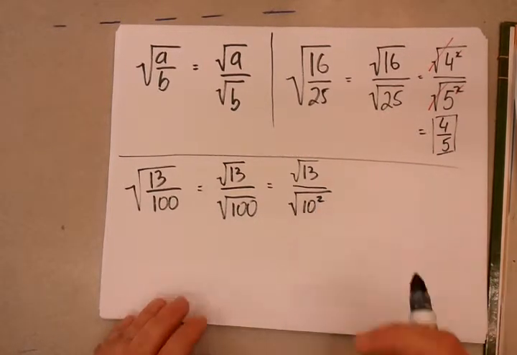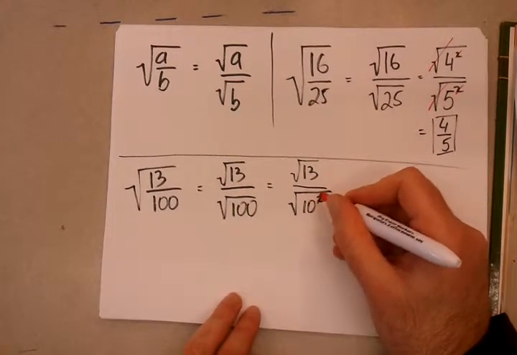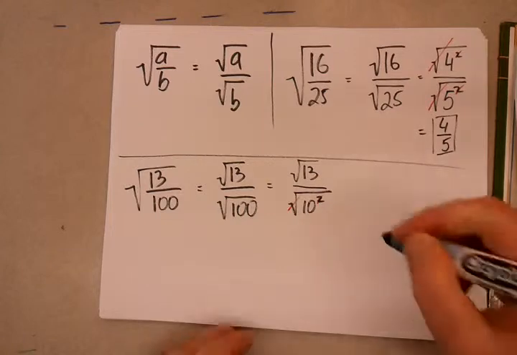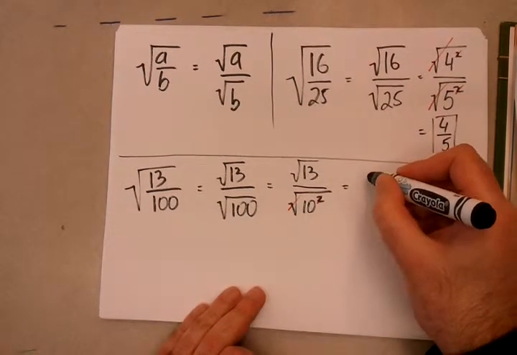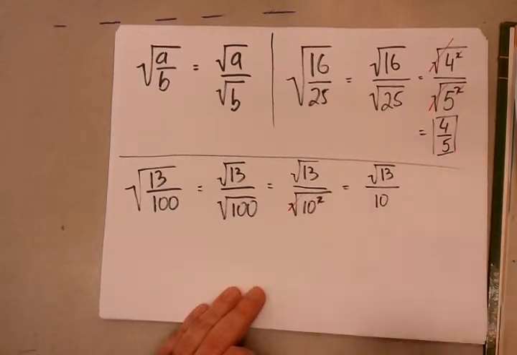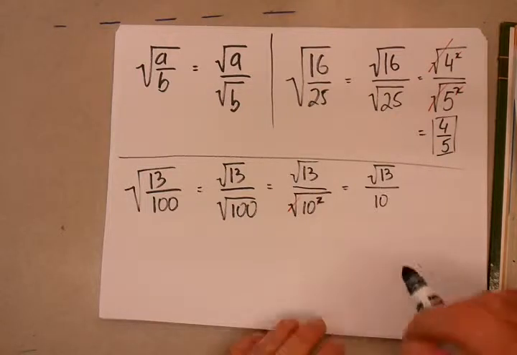Essentially, 100 is 10 squared. In this case, we can cancel out the power of 2 and the square root. And when this happens, you get root 13 over 10. Now we're all good to go. It's no longer a fraction underneath a square root. It's been simplified as far as it can be. That's your answer.